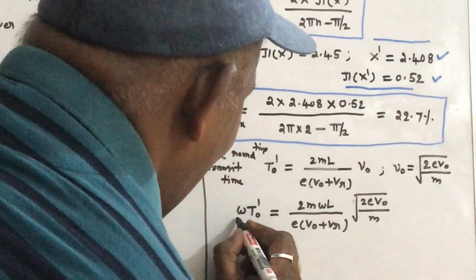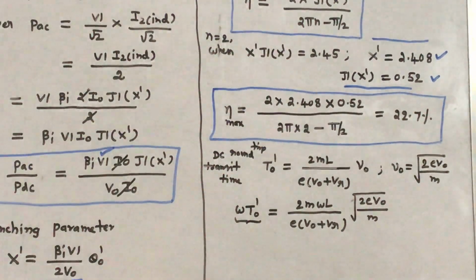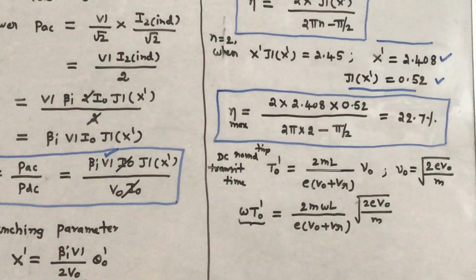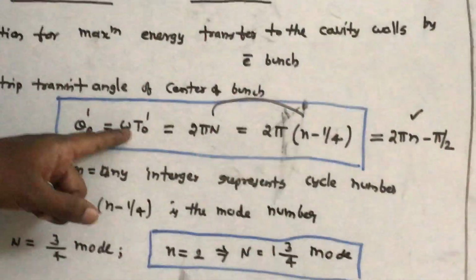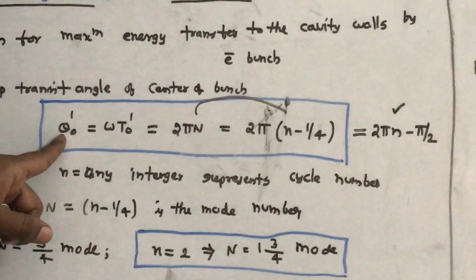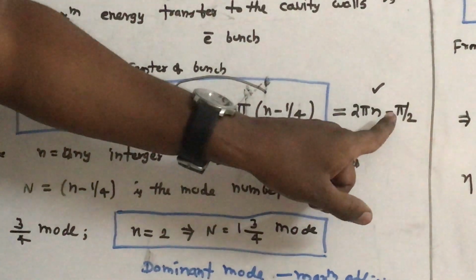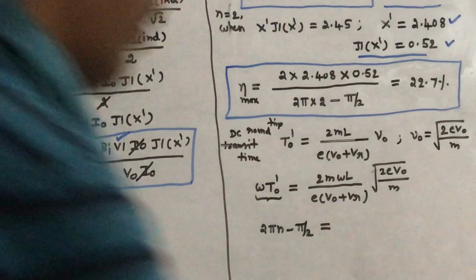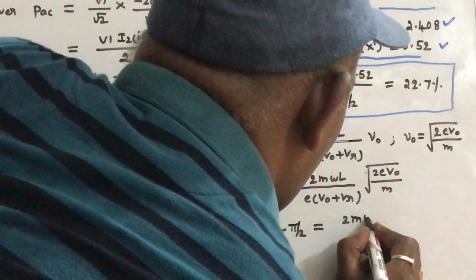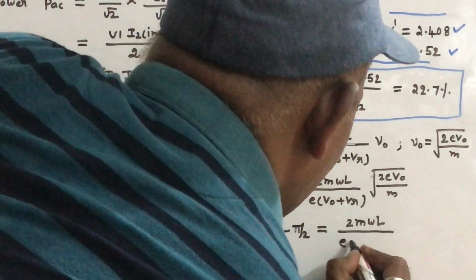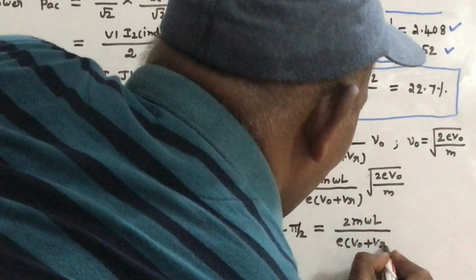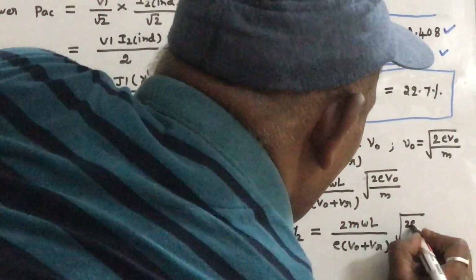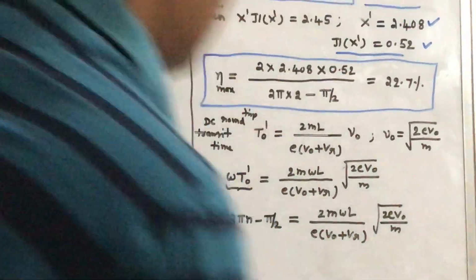Here omega T0 is nothing but theta naught, and theta naught is nothing but 2 pi n minus pi by 2. Substitute here 2 pi n minus pi by 2, so that is equal to 2 m omega L by E into V0 plus VR into square root of 2e V0 by m, the DC beam velocity.